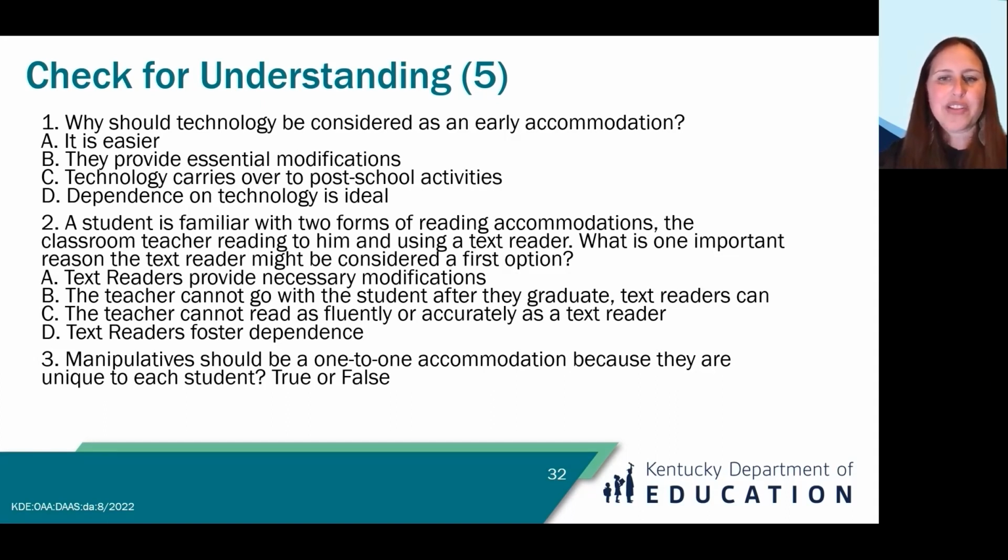D, text readers foster dependence. The answer is B. The goal of using technology to provide accommodations is to help foster independence. Once that student enters adult life, the teacher will not be there to read for them. Knowing how to use a screen reader, however, will allow the student to have those services even as an adult.